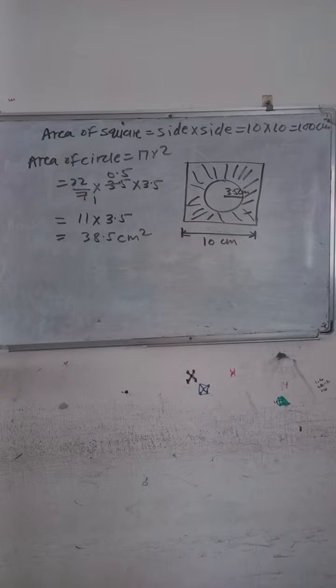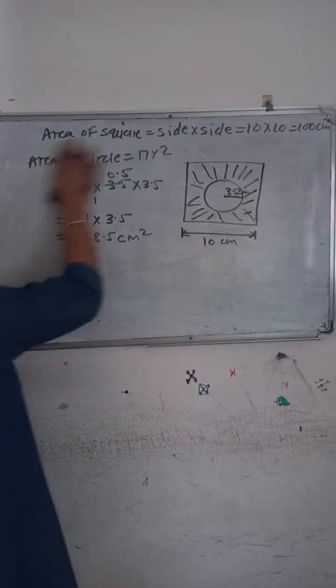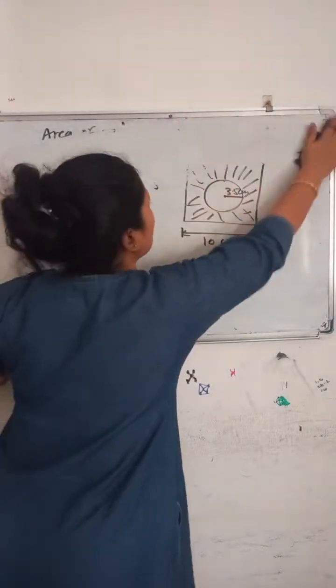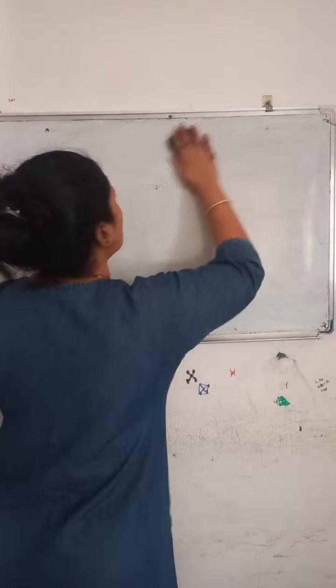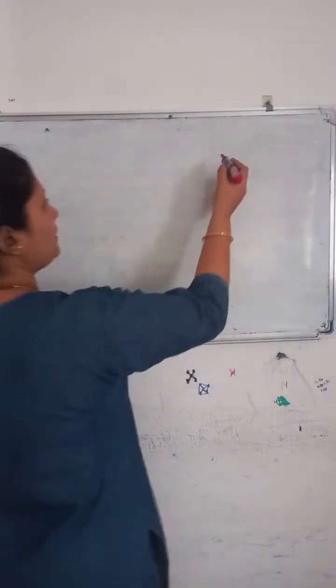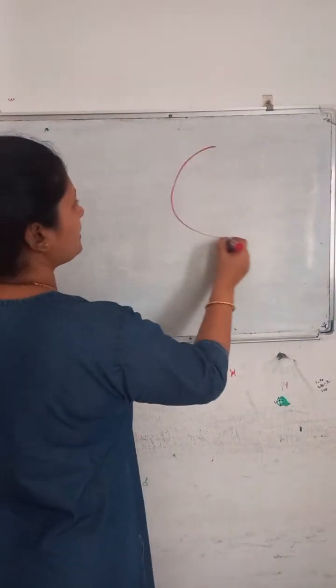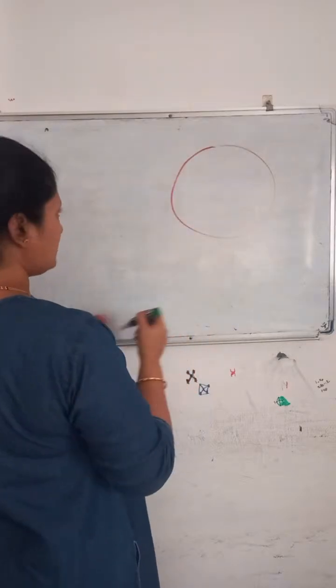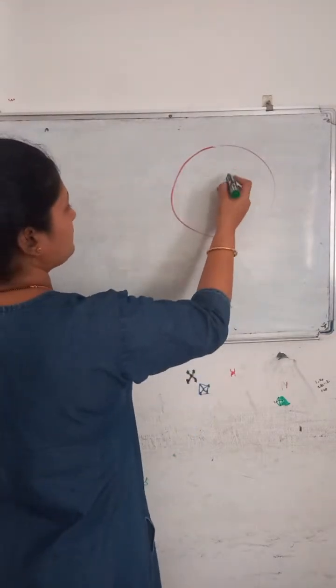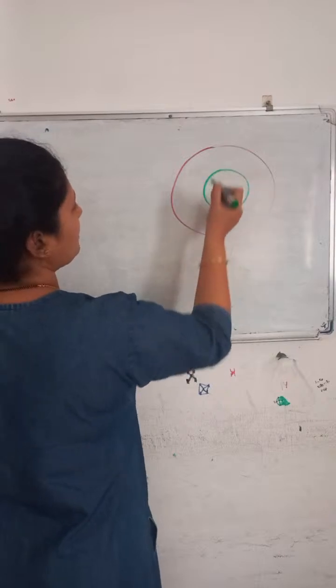Okay, so here both sheets are circular, they just have different radii. So here we actually have two concentric circles, that means they are one inside another. I will draw with a different color. One is the bigger circle and another is the smaller one.